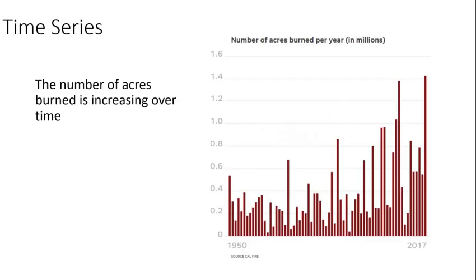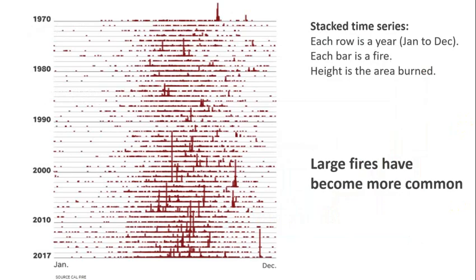Here's a time series plot. We've got time, 1950 to 2017, and the number of acres burned per year in millions on the y-axis. So this chart is telling us that the number of acres burned is increasing over time. Here's a stacked time series. Great plot. Every row represents a year, and it tracks from January on the left to December on the right.